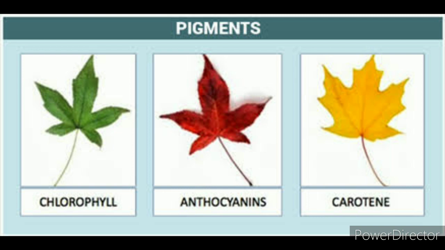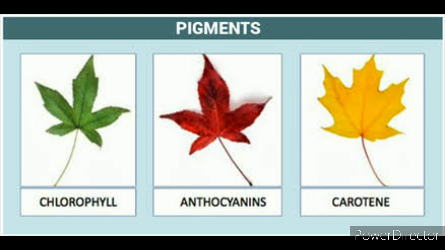Protective pigments protect plants against environmental conditions. The protective pigment involves anthocyanin. The next type of pigment is the photosynthetic pigment, which helps the plant in photosynthesis.